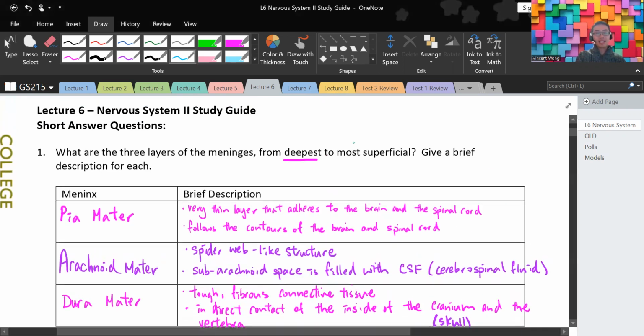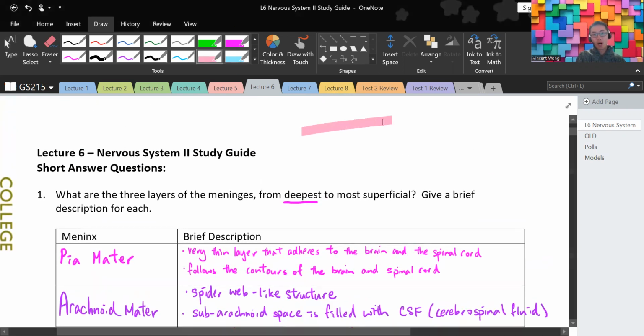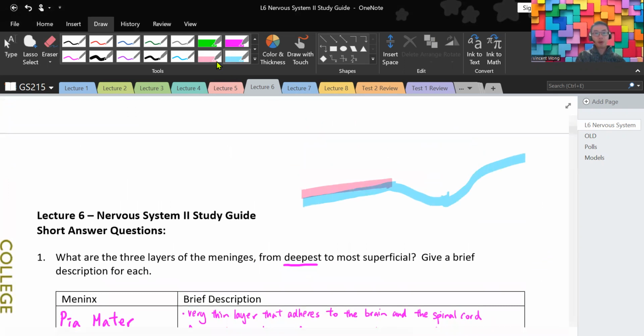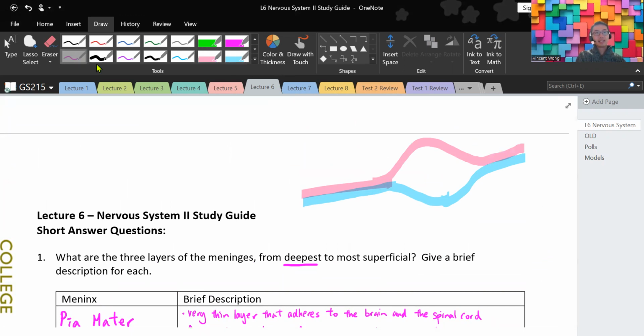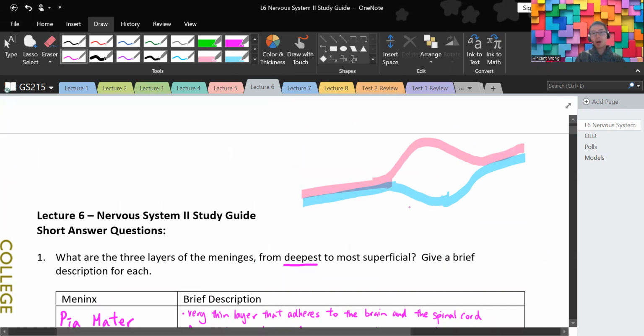So over here, that's one layer of the dura mater. That's another layer of the dura mater, and usually they're together, but sometimes they would separate and form a little pocket. So this whole thing is the dura mater, and the pocket that it forms in the middle is called the durovenous sinus.